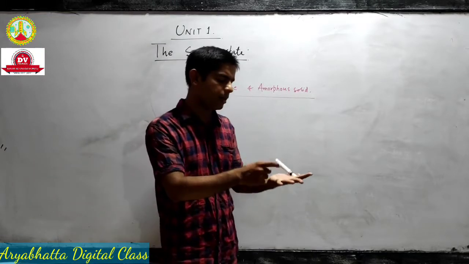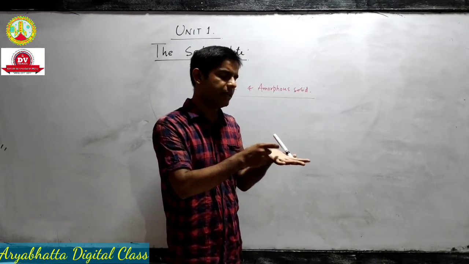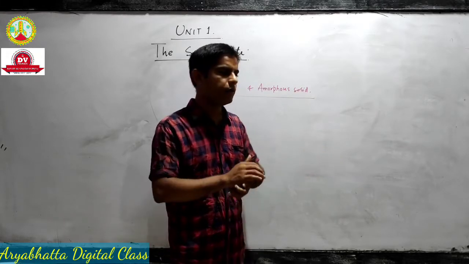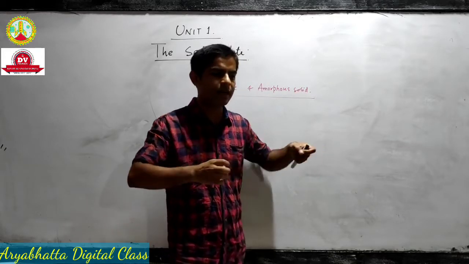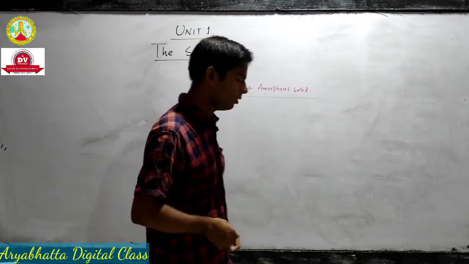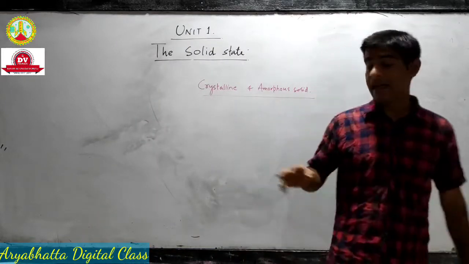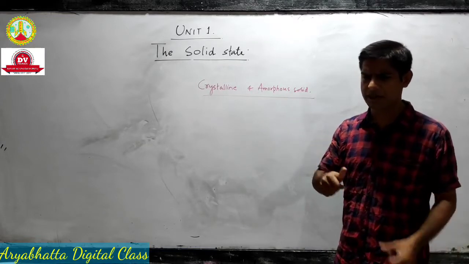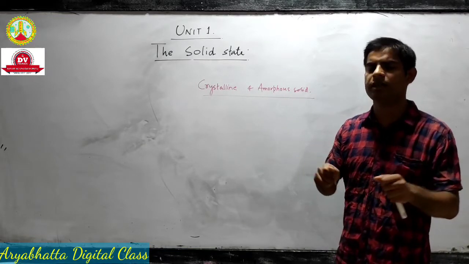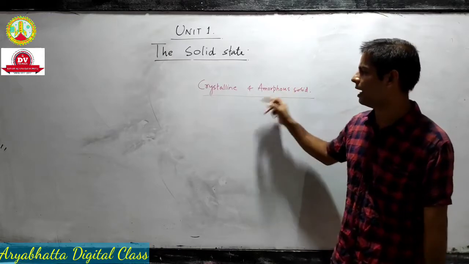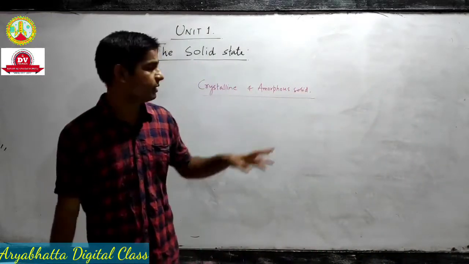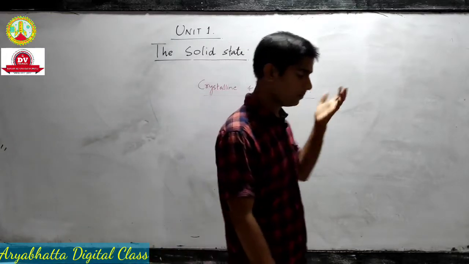That means if I take an ionic crystal and hammer it, it will break. It will not get squeezed or elongated, it will break. Amorphous solids can be stretched. They are not brittle like crystalline solids, and the basic difference is that they are soft.